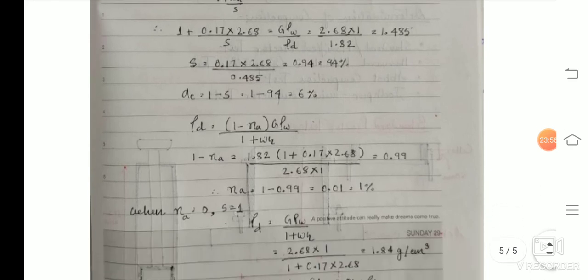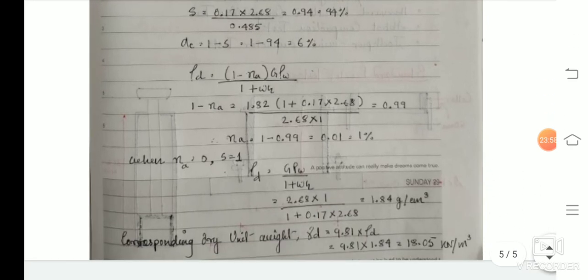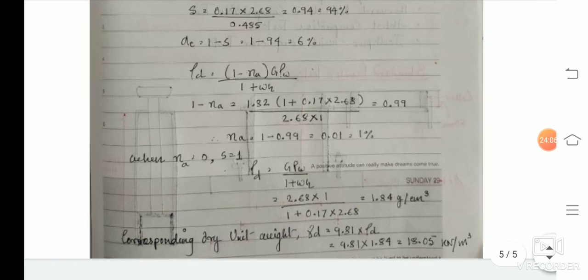Next we have to find the maximum dry density corresponding to the zero air void line. For zero air void, we substitute Na equals 0, or S equals 1. Then rho d equals G rho w divided by 1 plus wG. So G is 2.68, rho w is 1, water content is 0.17. Substituting all these values, we get the dry density as 1.84 gram per cc.